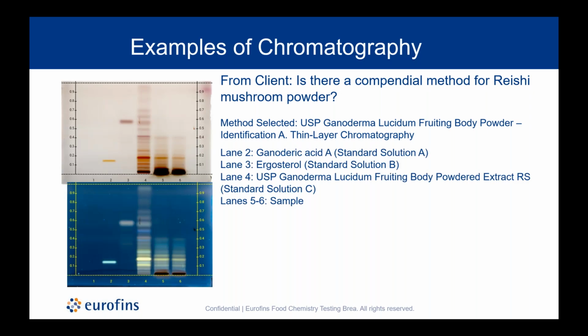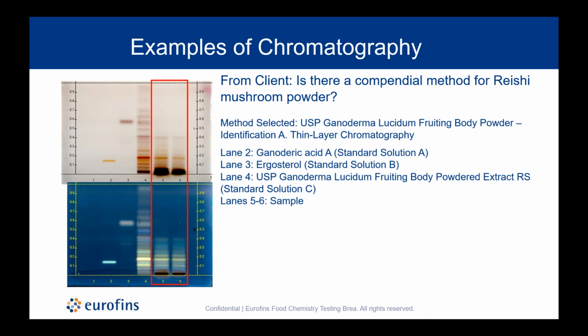So here we have our images on the left. These are derivatized images, and you have your visible light and UV 366 again. Derivatized just means the method has been completed. Each step is all the way. So then from left to right, we have our reference standards and then our samples on the far right lanes.